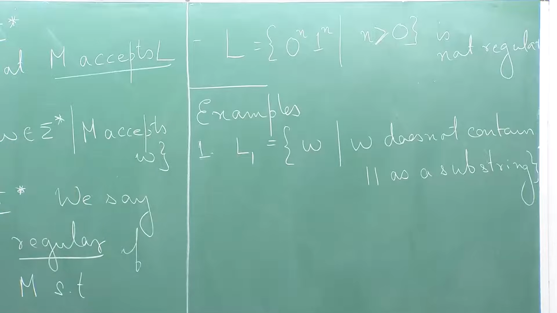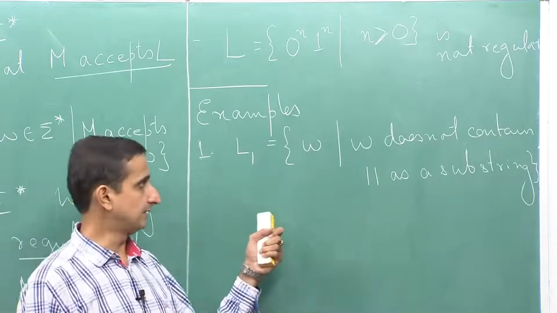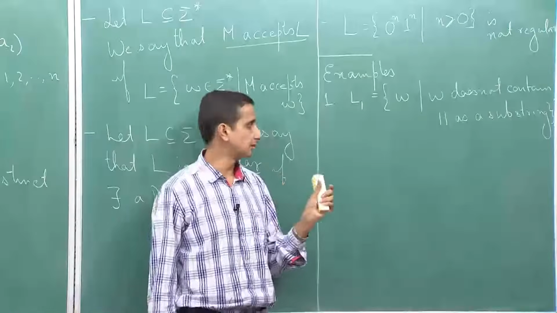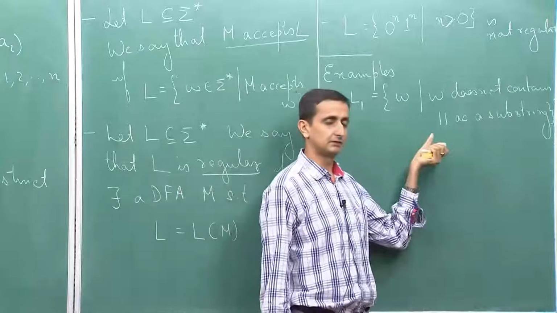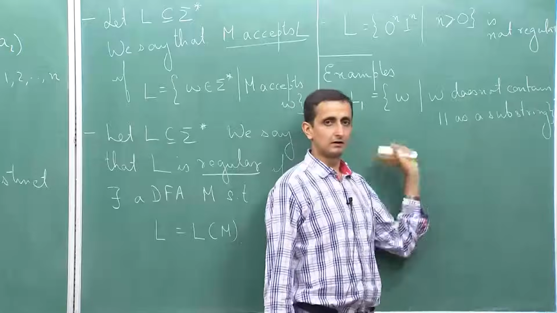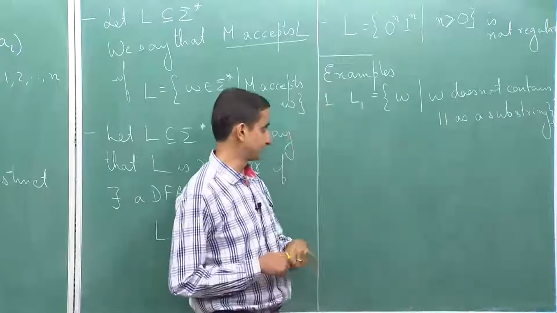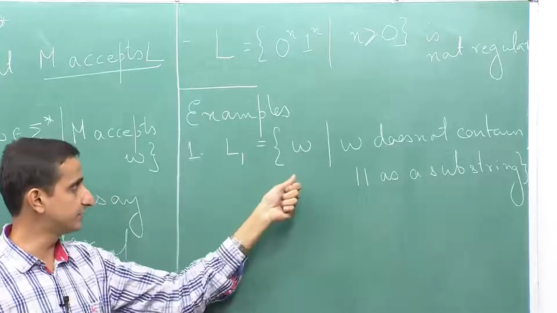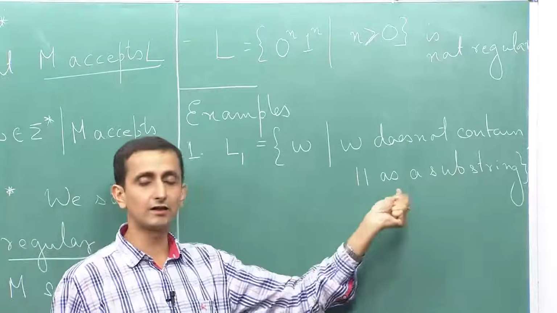Last time we saw an example where we considered strings which contained a certain substring as part of itself, all strings that contained a particular substring. Today we will look at a language which consists of all strings that do not contain 1 1.